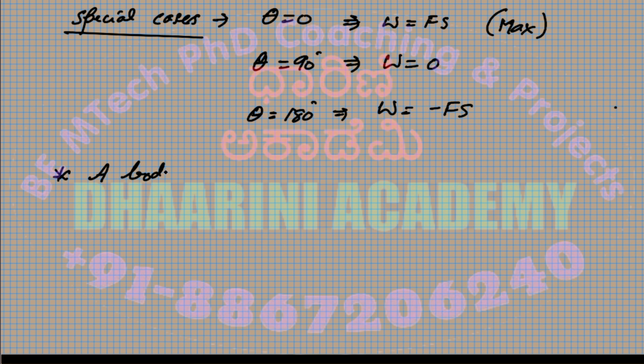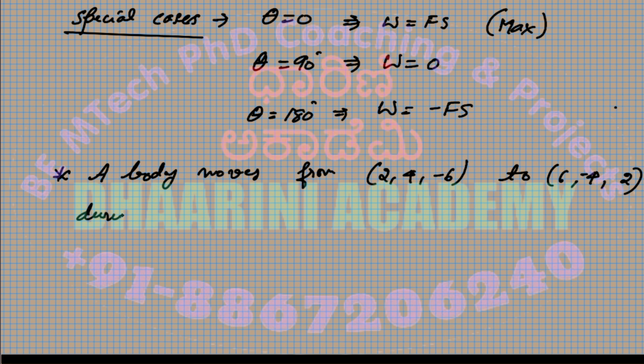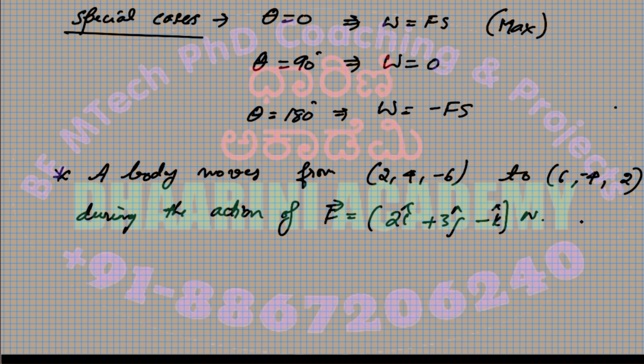A body moves from 2, 4, minus 6 to 6, minus 4, 2 during the action of a force F denoted by 2 i cap plus 3 j cap minus k cap newtons, right? Find the work done.